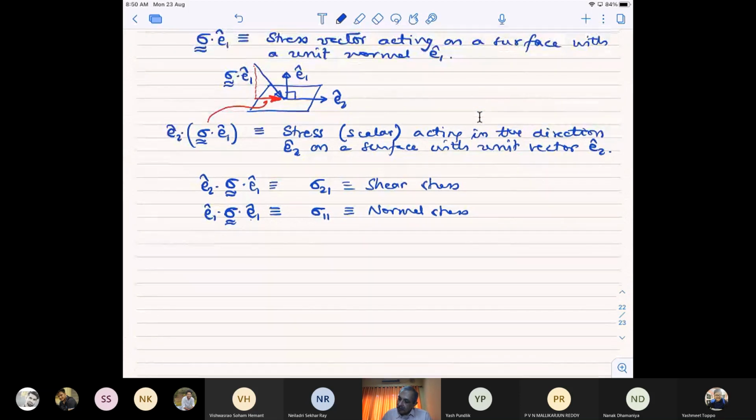So, if we had to take the same thing and draw it, then it will be this vector. I should draw it the other way around, sorry. But anyway, I should draw this because it's acting in the direction E1.